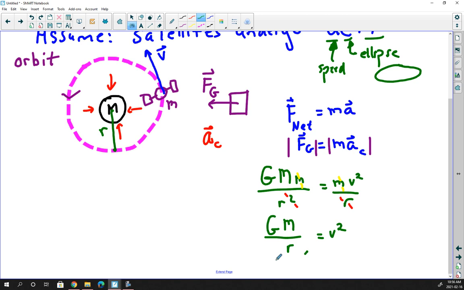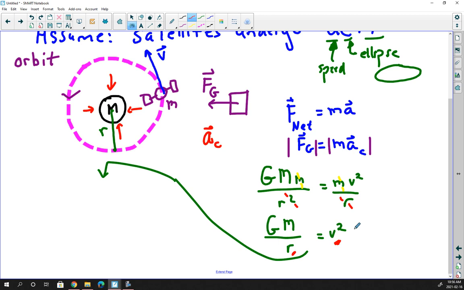So what does that mean? Well, it means that there's a connection between how fast you're going in orbit and how far you are from the center of the object you're orbiting.